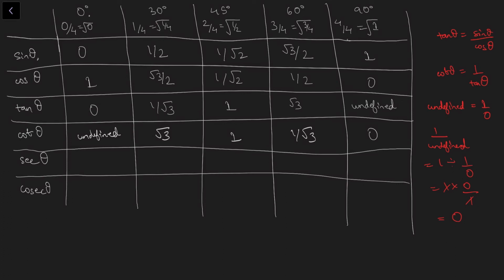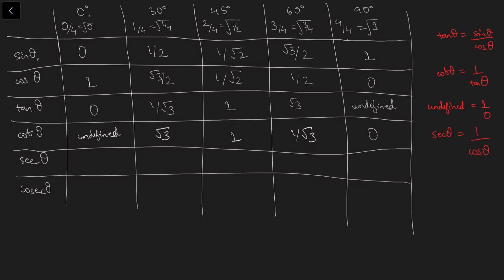Okay, so now we're going to look at secant theta. So secant theta, as you all know, is the reciprocal of cos theta. So that's what we're going to do here. We're going to take the reciprocal of cos.